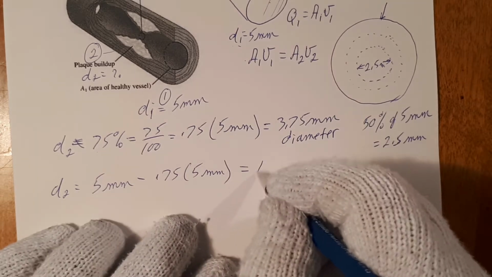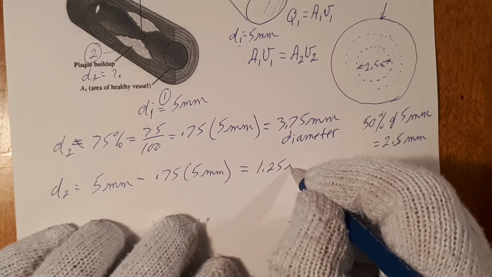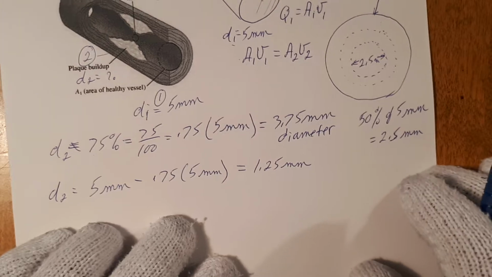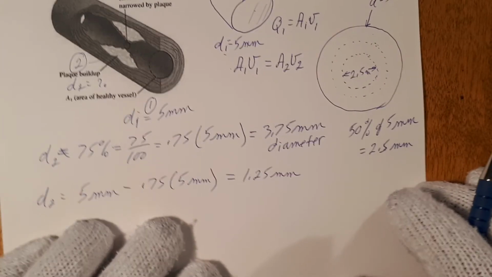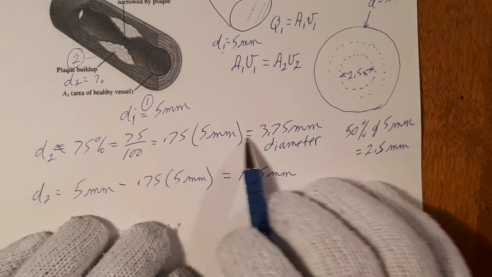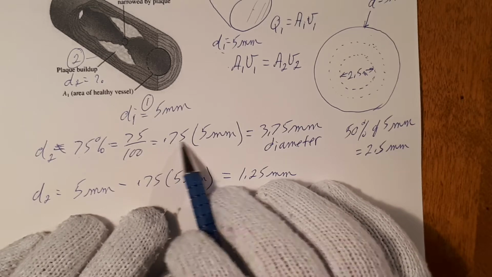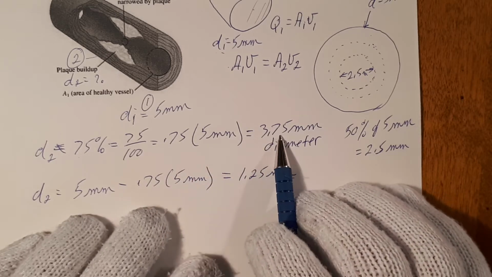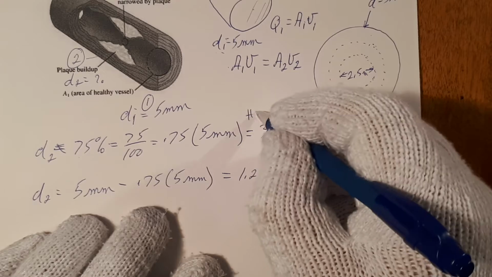That is equal to 1.25 millimeters. So what we calculated first, 75% of 5 millimeters, is the amount that is blocked. How much is blocked?